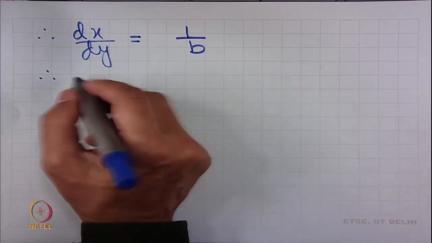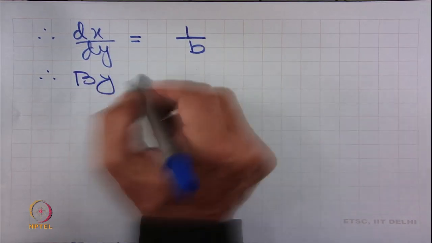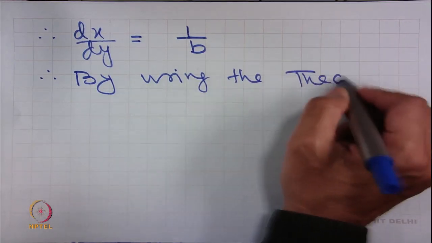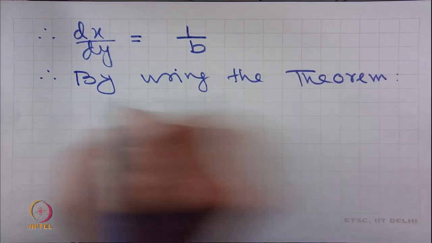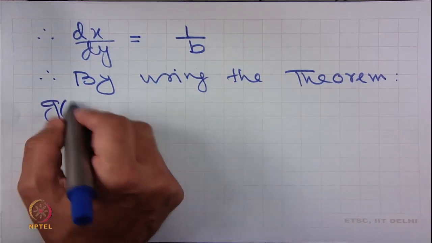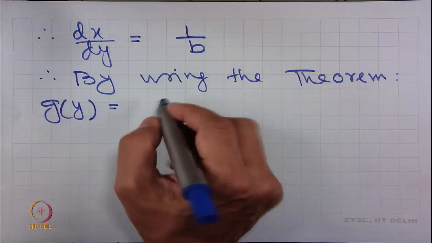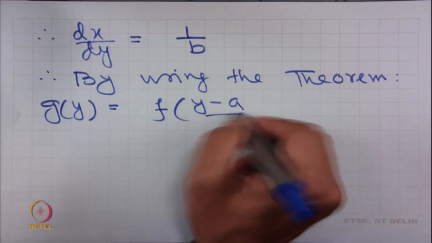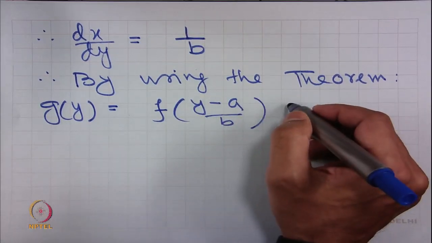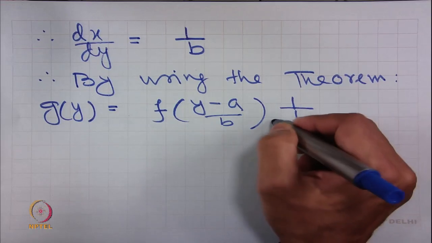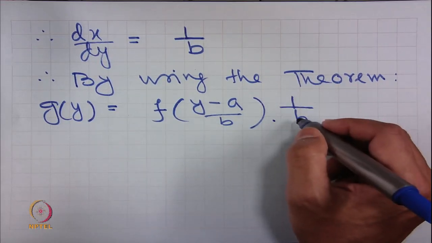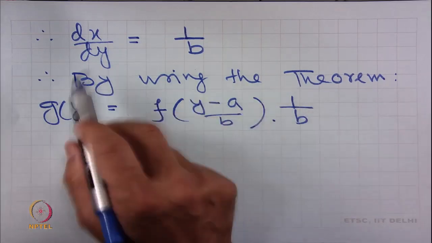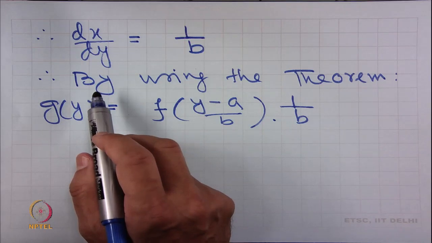Therefore, by using the theorem, g of y is equal to f at y minus a by b multiplied by 1 by b. The modulus sign is not needed because we are taking b to be positive.